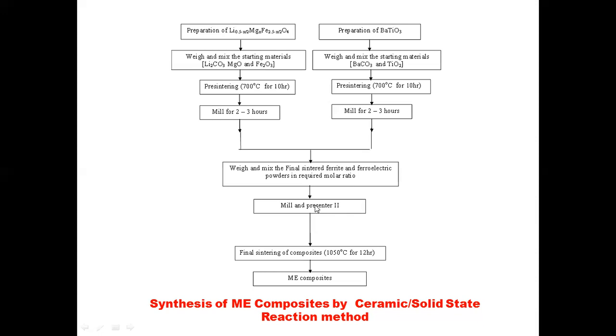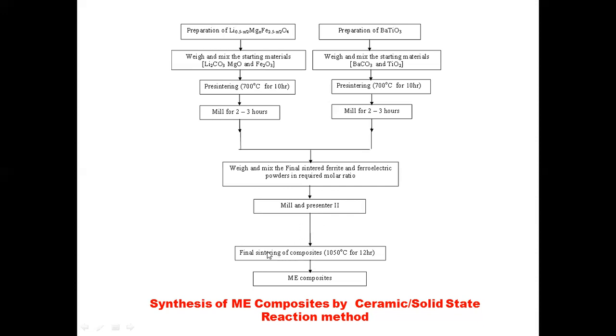That means, for example, at 700 degrees centigrade, you can pre-sinter the mixture of this ferrite and ferroelectric phase, and after that, you will have to press that second-time pre-sintered powder into pellet or toroid form to carry out the measurements, and some powder should also be kept for XRD and other characterization.